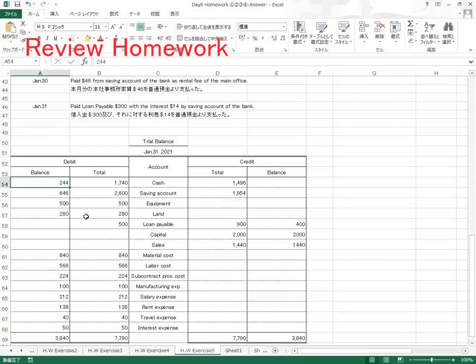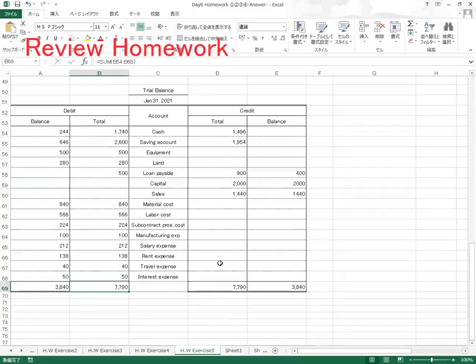In that case, cash 1,074 and 1,496. So the debit side is bigger, so the balance goes to the debit side. The total amount is always the same. If it is not the same, you have made a mistake somewhere.